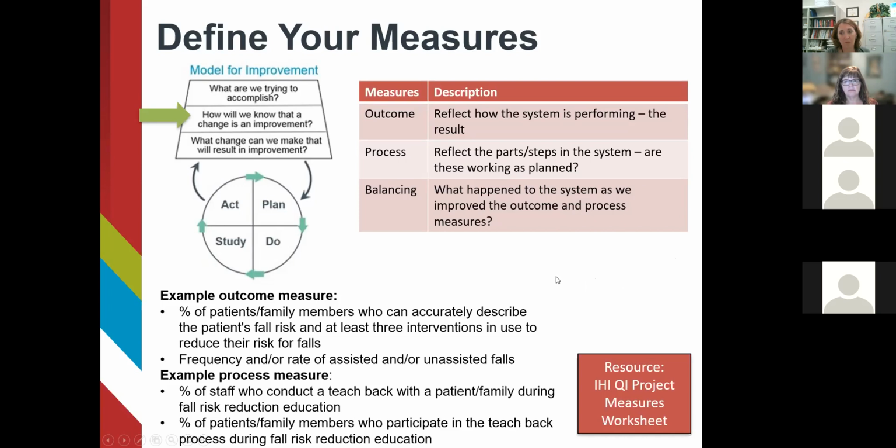You might also look at something like the percent of patients and family members who are participating in that teach back process during their education as well. Over time, you may see movement in that outcome measure of perhaps the frequency or the rate of assisted falls or unassisted falls, but you're unlikely to move the needle on that too much in such a short time frame.